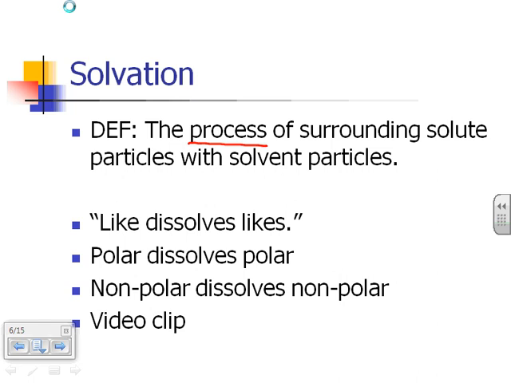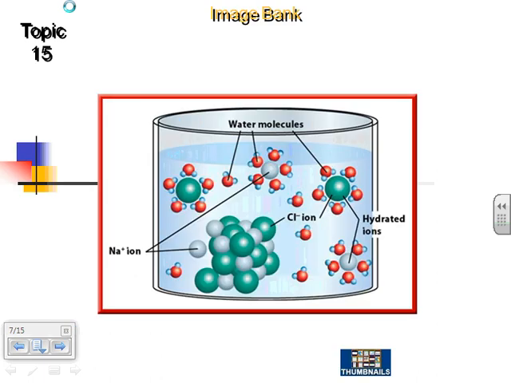There's a short video clip. I can't show it here because of the technology. But what it does show is what this picture is, where you have your water molecules. All these water molecules here will surround the ions. Here we have some sodium chloride, a big chunk of it. When you put that in water, those water molecules are going to surround all the ions.